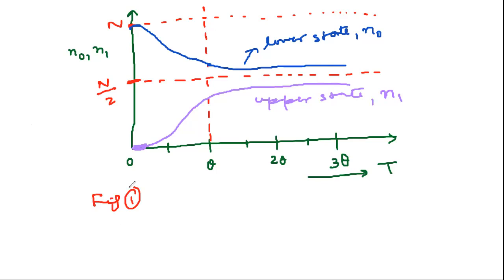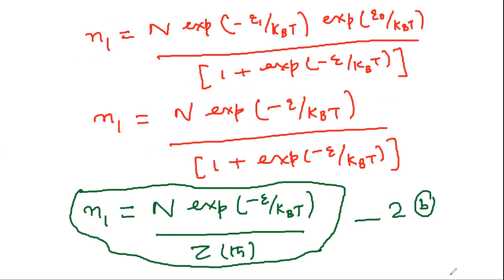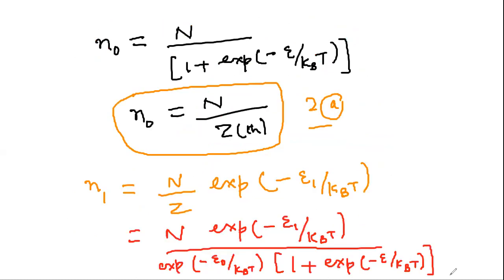Now this theta, we will discuss it. This theta is called the characteristic temperature. First understand the figure. This lower state N0, upper state N1, N by 2, then you have temperature T. So in figure 1, what we have done, we have plotted equations 2A and 2B with temperature T. 2A has dependence on temperature T because Z thermal contains temperature.